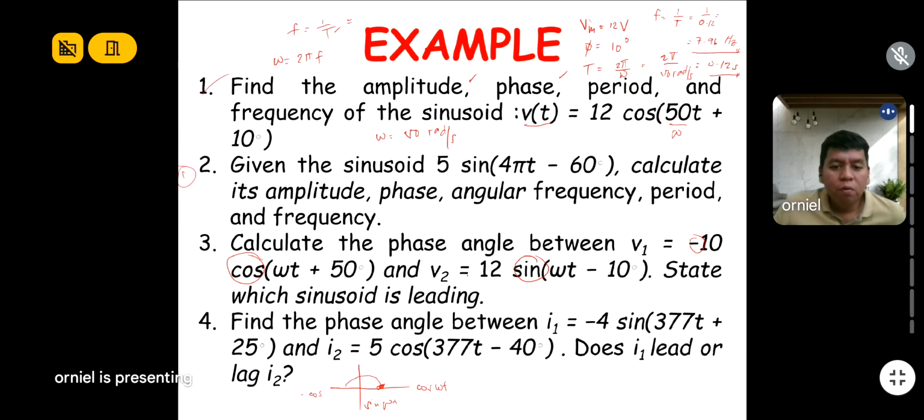So we have to convert V1. V1 is equal to negative 10 cosine omega t plus 50.